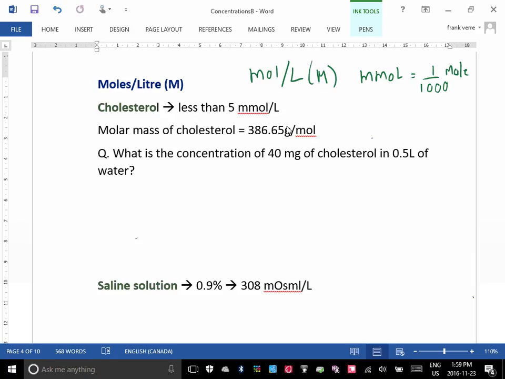So let's say you have 40 milligrams of cholesterol in half a liter of water. What would that concentration be? Okay. So first thing, because it's moles per liter, right? What do you think the first thing we should do is? Find the number of moles.